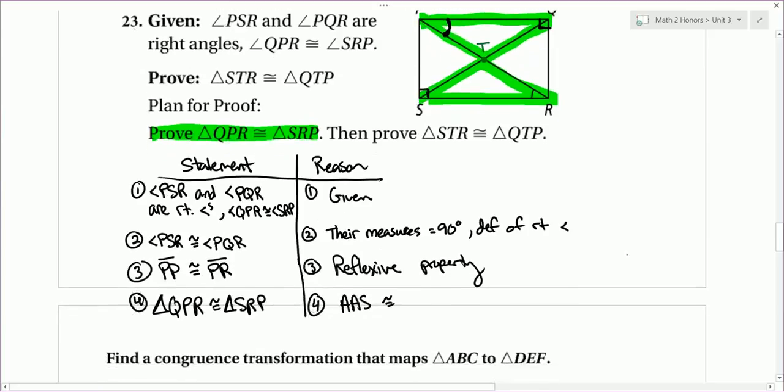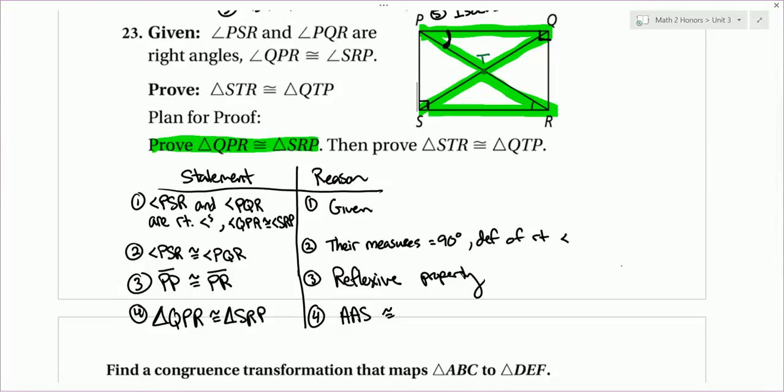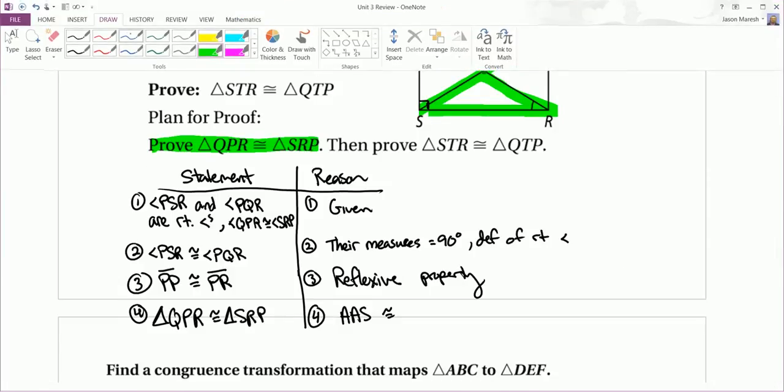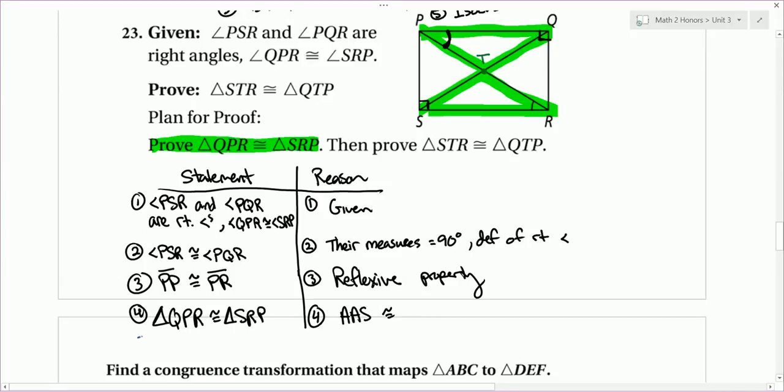Well, from our first statement, from 4, we can say that PQ, or QP, is congruent to SR, because the two triangles in 4 are congruent, and so we say corresponding parts of congruent triangles are congruent.